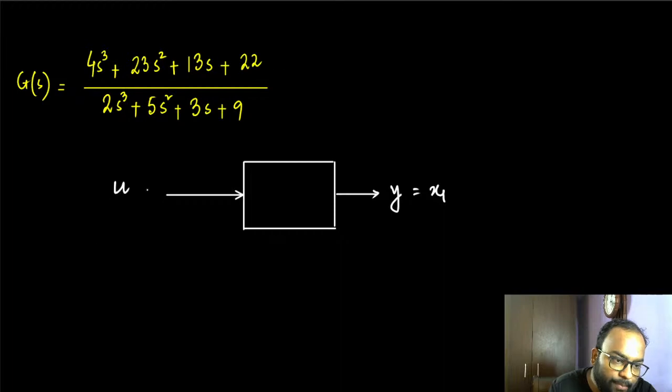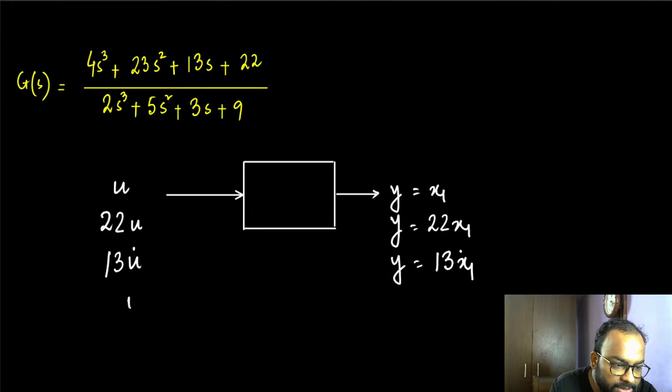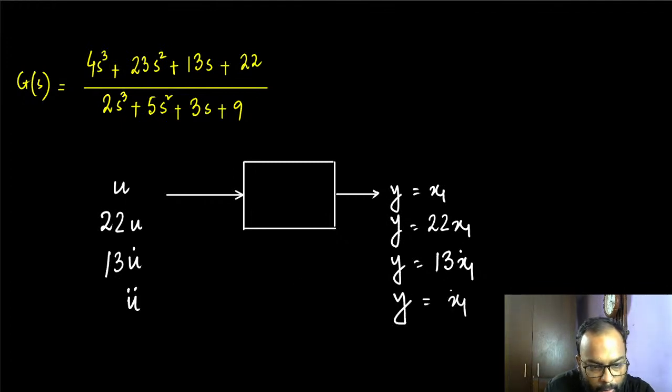Now if the input is 22u, the output is 22x1, not a problem. If the input is u dot, then the output is x1 dot. If the input is 13u dot, then the output is 13x1 dot. Similarly, if the input is u double dot, the output is x1 double dot.